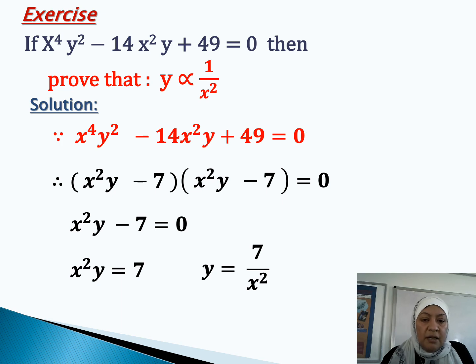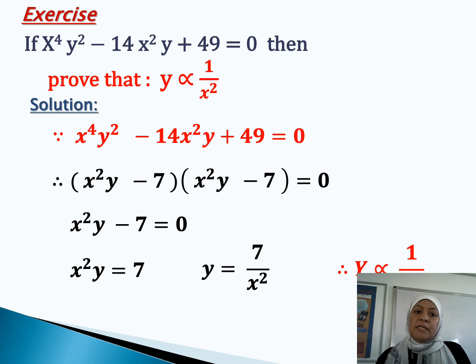From this, we can say, therefore, y varies inversely with x to the power 2, or x squared. Okay? Thank you for your concentration. Now, the summary: we have two types of variation.